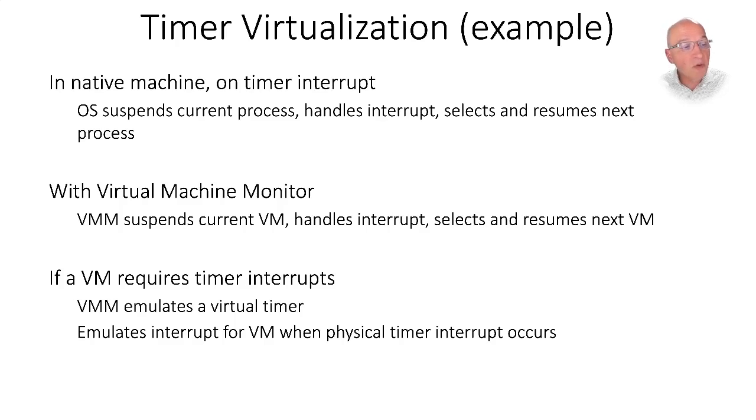If a virtual machine requires timer interrupts, the virtual machine monitor can emulate a virtual timer. So it will emulate the interrupt for the virtual machine when the physical timer interrupt occurs. So basically you program the timer in your real machine. When your real machine does a timer interrupt, the virtual machine monitor will understand that this is not an interruption that was being expected by the virtual machine, and will pass on that interruption to the virtual machine to be handled according to the operating system of the virtual machine.